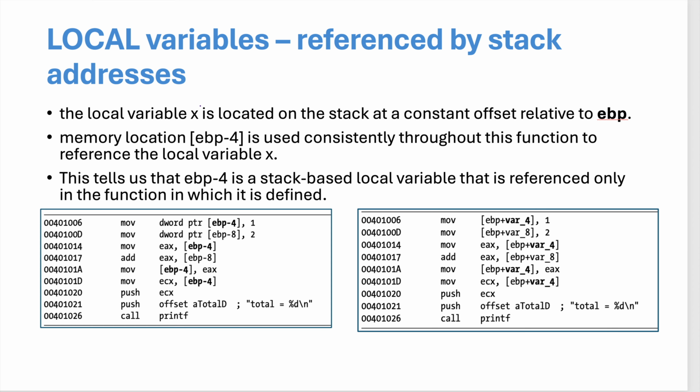EBP minus 4 is used consistently throughout this function to reference the local variable x, which tells us EBP minus 4 is a stack-based local variable. And that enables it to be referenced only in the function in which it is defined.